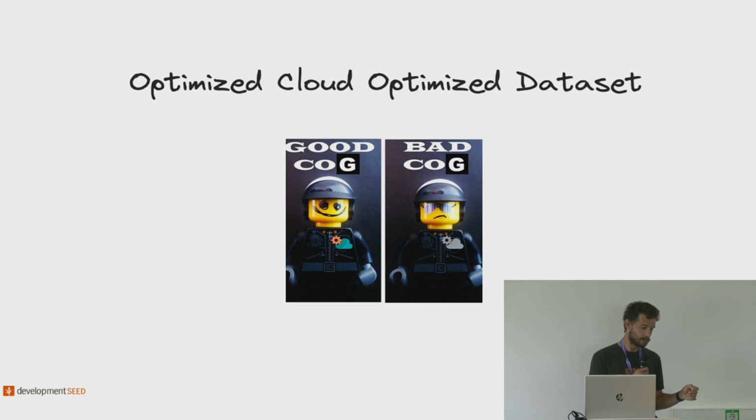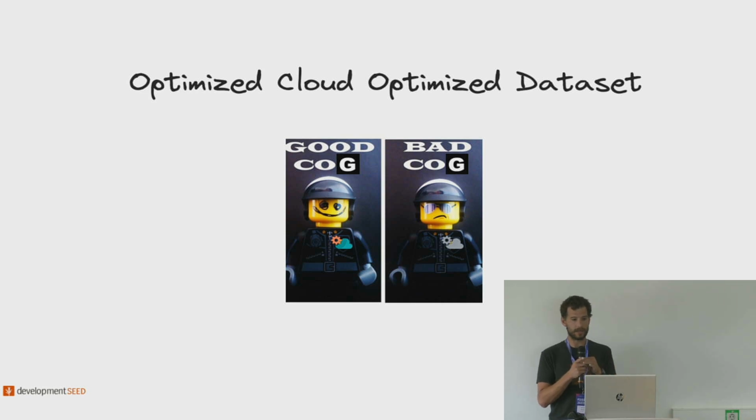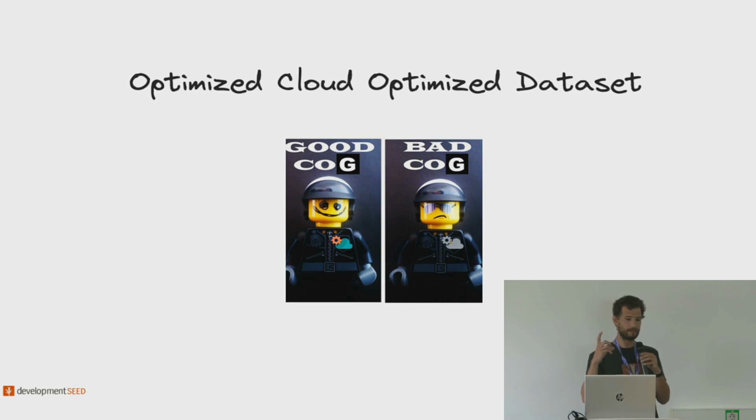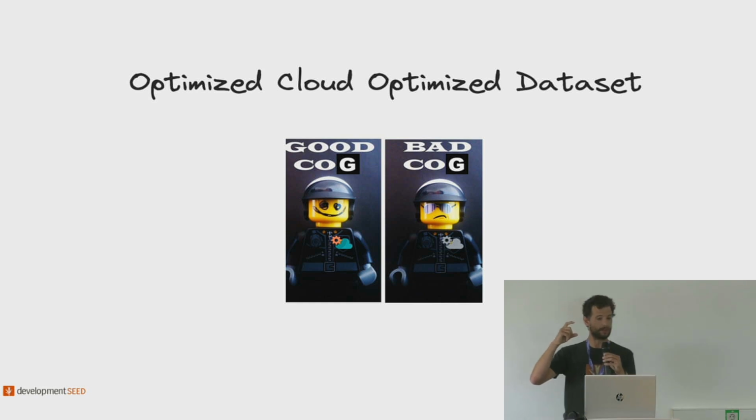The server has to be able to access the middle of the file, or the end of the file, without loading the whole file. So a cloud optimized data set should have a header value, where there is an internal map of all the data. So the TiTiler can just read the first few bytes of your data set, and then know which binary range it has to read to create the tiles.